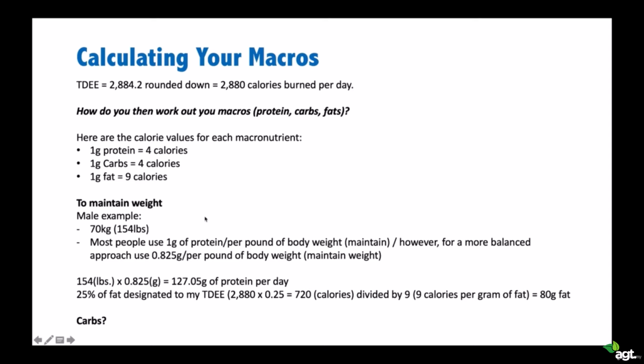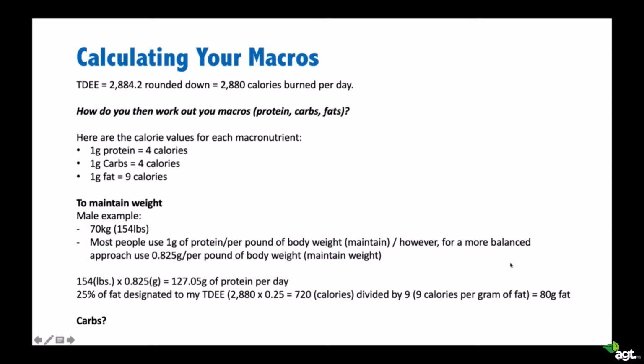So we said before, this guy weighs 70 kilos. His TDEE, his total daily energy expenditure, is 2,888 calories. Following a simple rule a lot of people use online, which is per pound of body weight, you must have 1 gram of protein in order to maintain weight.